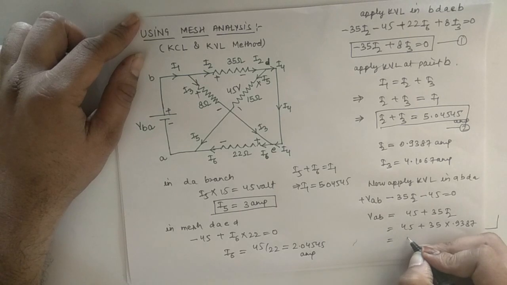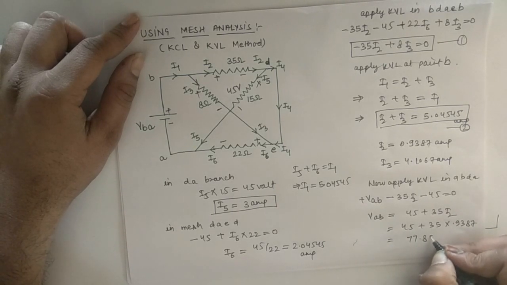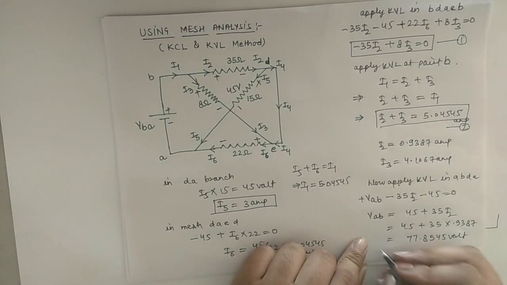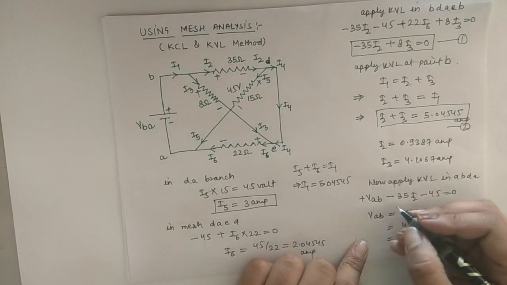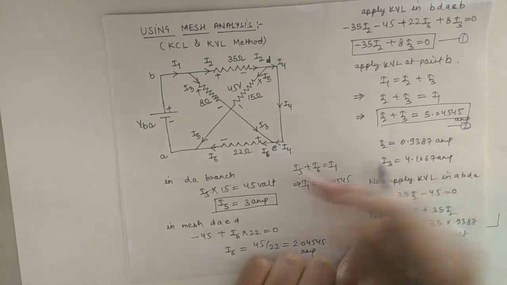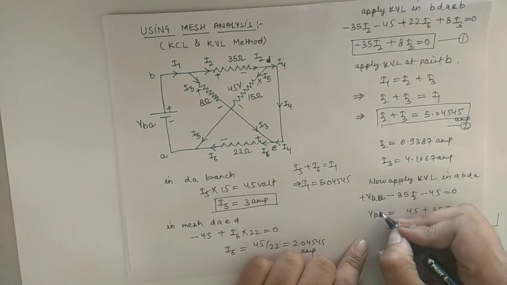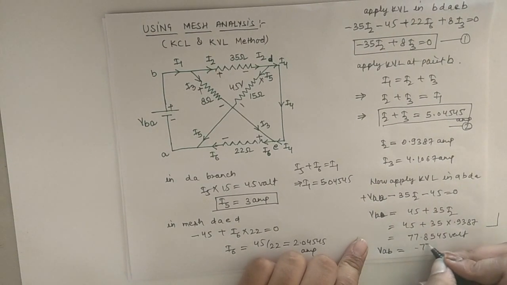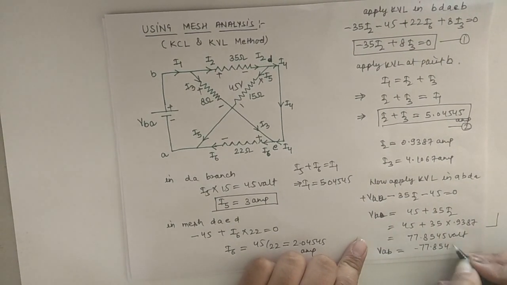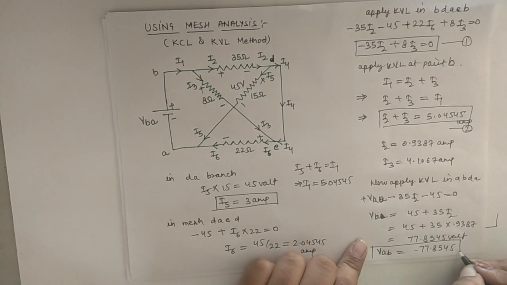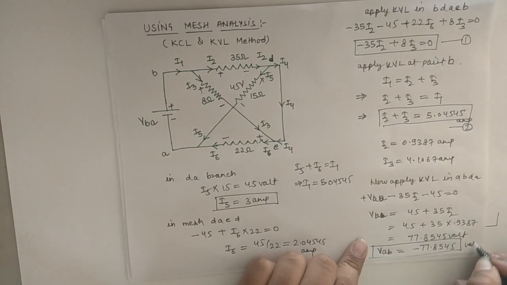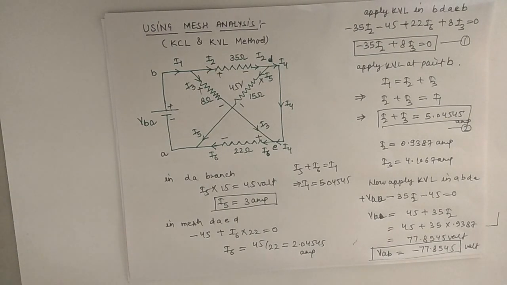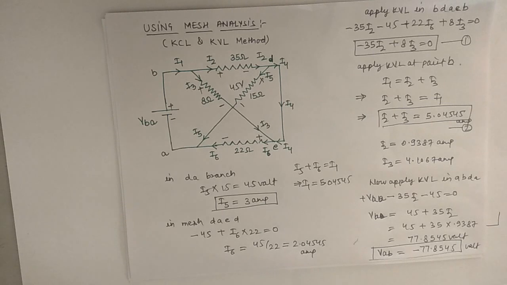So it would be 77.8545 volt, and we know this is VBA, last terminal. So if we find out VAB, it would be minus 77.8545 volt. So in this way we solve this question using KVL and KCL both ways. Thank you.